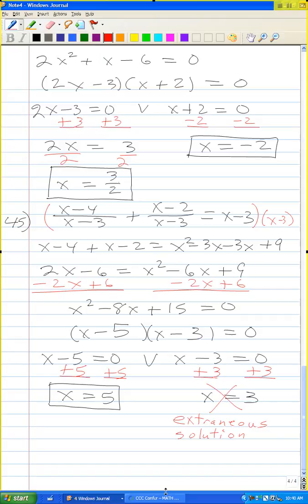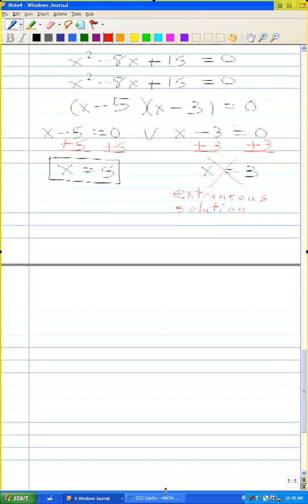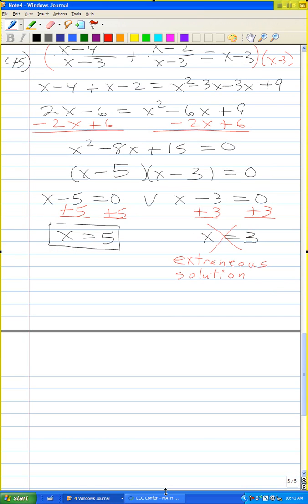Okay. Let me do problem number 48, which is actually the same problem we did just a few sections ago. The literal equation. So this is actually the third time we've seen them, I think.